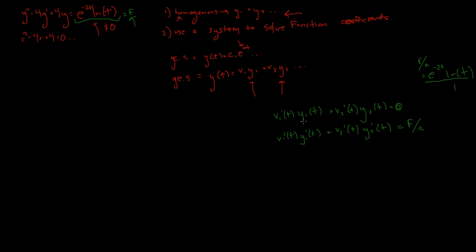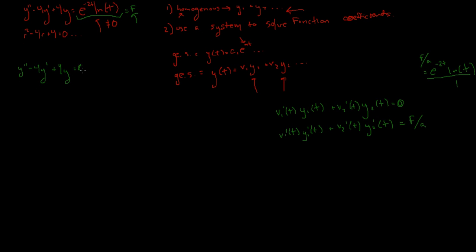So yeah, let's actually do this problem really quickly. So first thing we need to do is solve for the homogeneous solutions. Here's the auxiliary equation. We just pretend this part is 0. So we say that the equation is y double prime minus 4y prime plus 4y equals 0. So our auxiliary equation would be r squared minus 4r plus 4 equals 0.